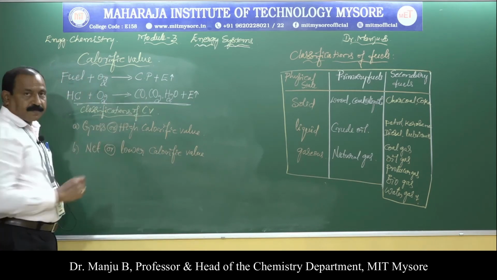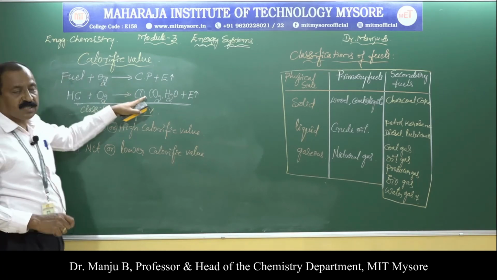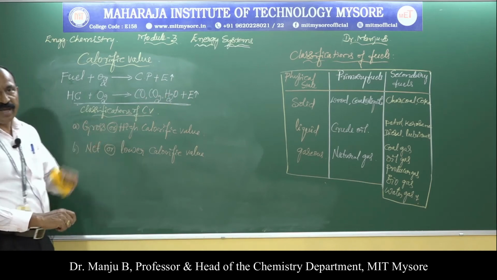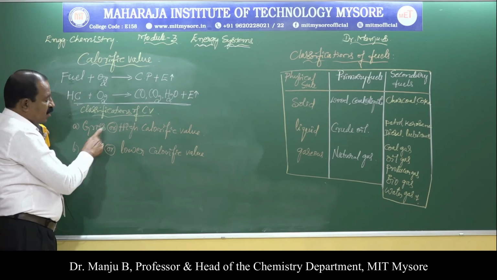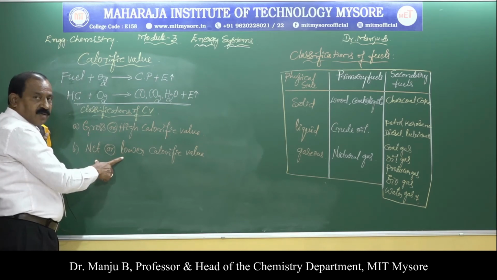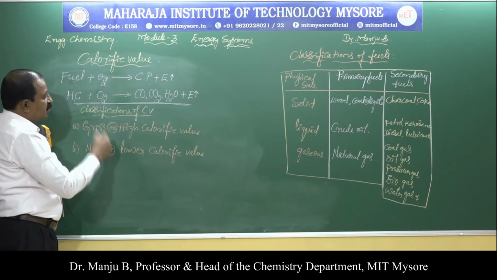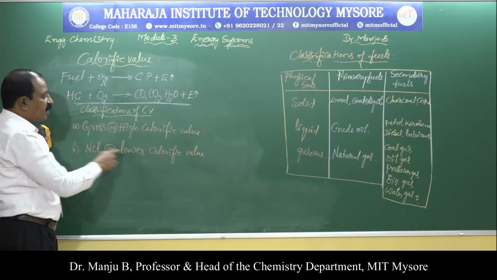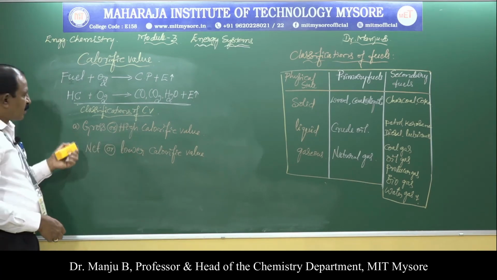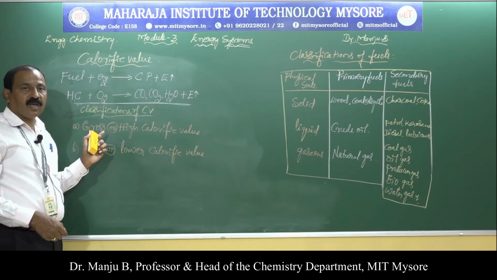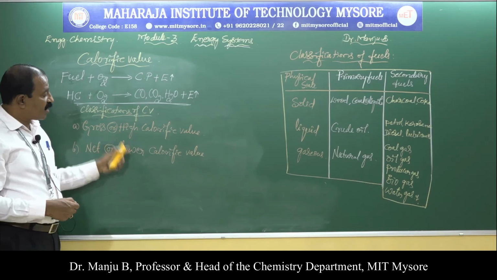Now, the reaction is the same: all fuels undergo combustion in presence of oxygen and give these products and some amount of energy. But you have to understand when it is possible to get the high calorific value and when you get the low calorific value. The same equation is enough to understand both gross or high calorific value and net or low calorific value. In some numerical problems, it may ask you to calculate GCV and NCV of the following data, or maybe HCV and LCV.